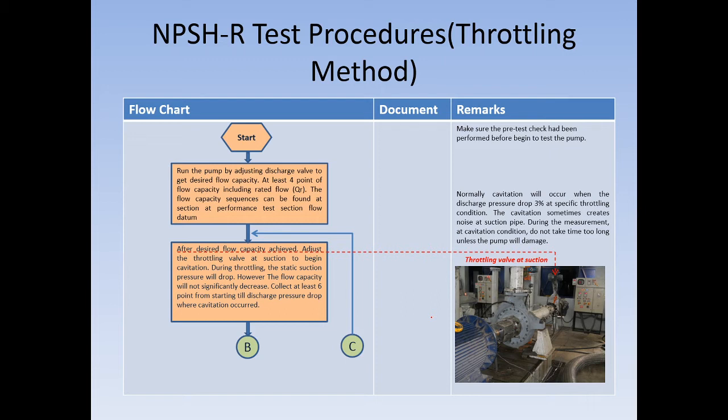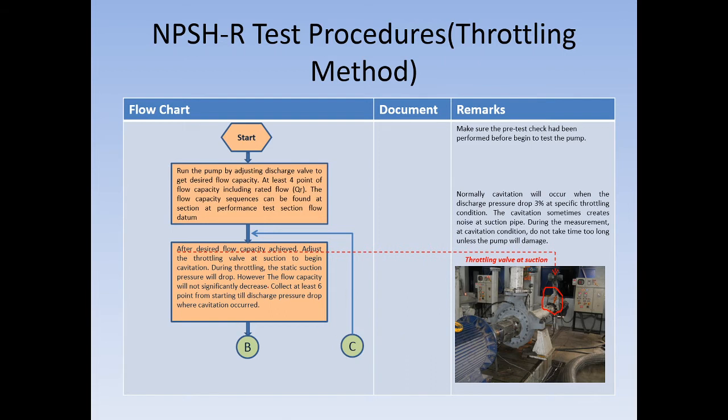As you can see on this screen, I have the valve at the suction point. You know, a valve has a very common performance chart, pressure versus flow capacity. So if you reduce the opening of the valve, it will create higher resistance, and it will drop the pressure at discharge.